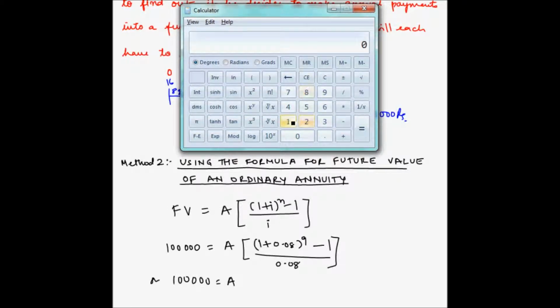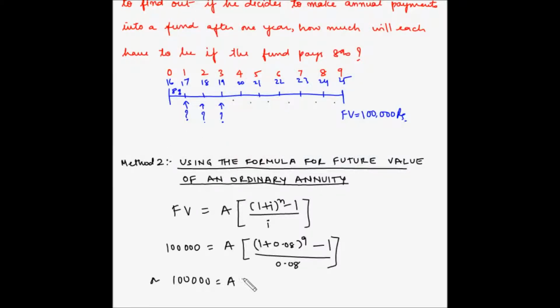So 1.08 to the power 9 minus 1 divided by 0.08 is equal to 12.48755. So we'll consider this as 12.488.